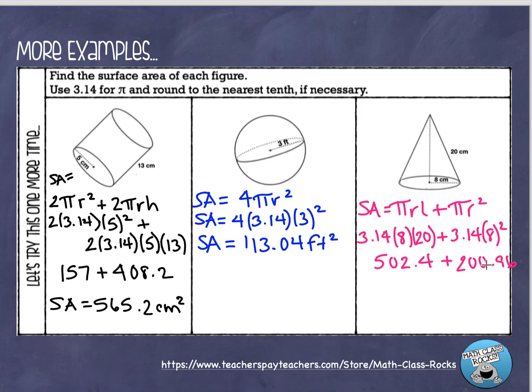And we're going to add that 200.96 to the 502.4, and that's going to leave us with our surface area, which is 703.36, and we are talking about centimeters to the second power.